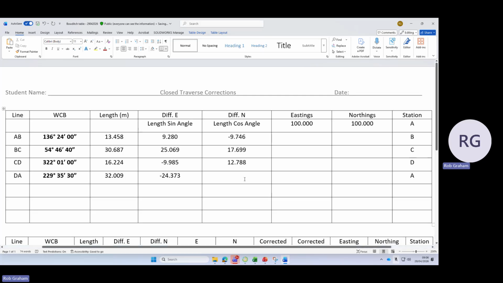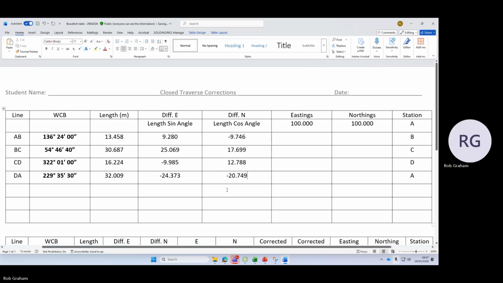And finally 32.009 cosine 229 degrees 35 minutes and 30 seconds. And make sure you put the symbol in. And we're getting a negative figure there of negative 20.749.